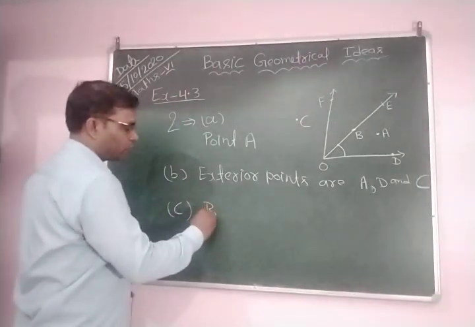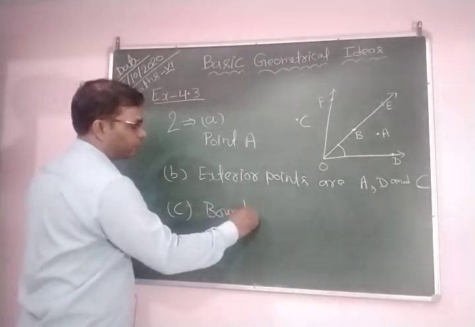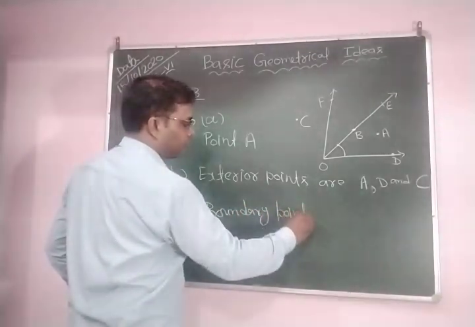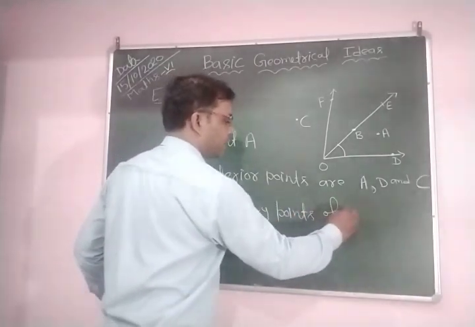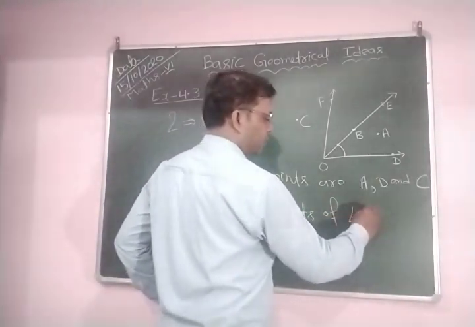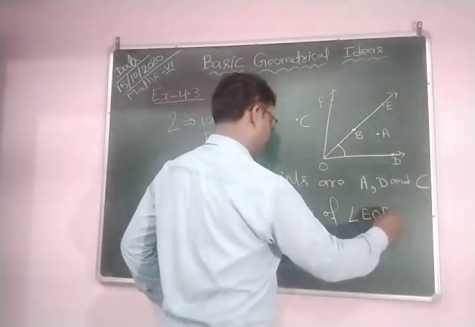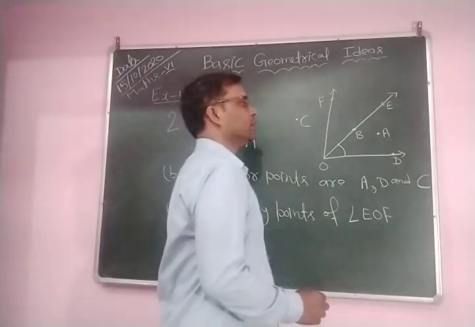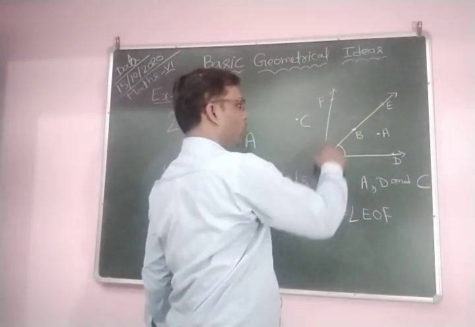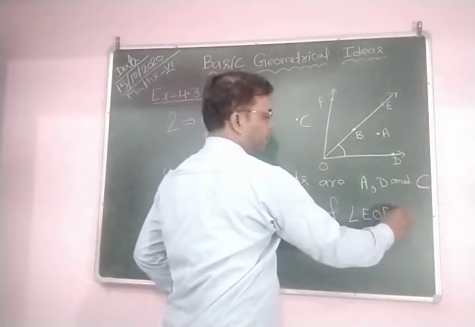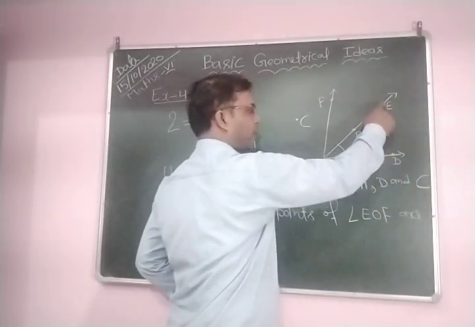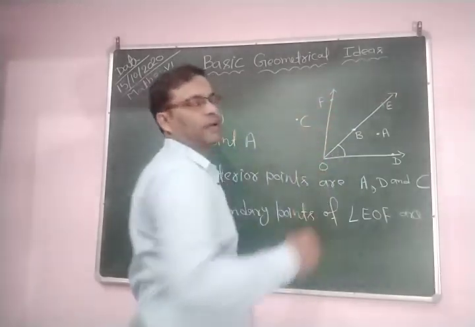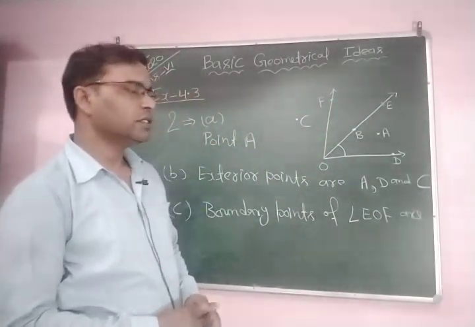So point E, point B, point O, and point F are the boundary points of angle EOF.